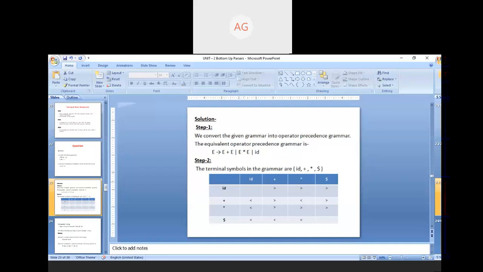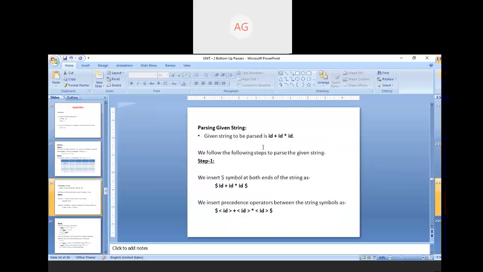The operator precedence parsing table is between the terminals and the dollar. So this is the operator precedence parsing table related to the grammar. Then we are going to parse the string id plus id into id. So these are the steps which we need to follow in order to parse this string.